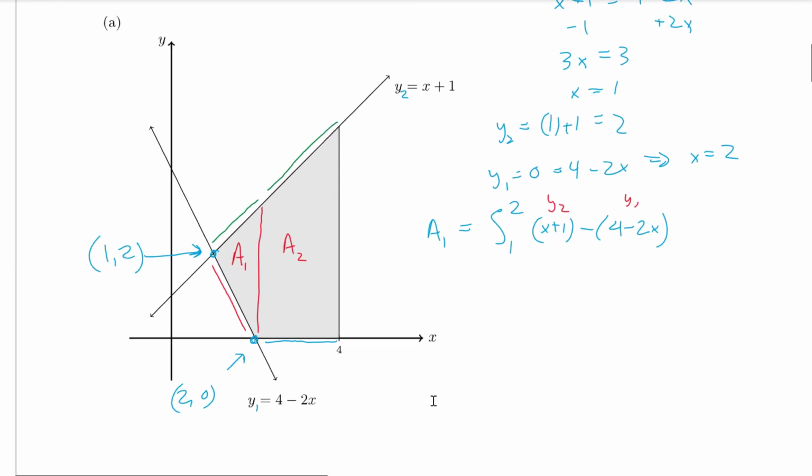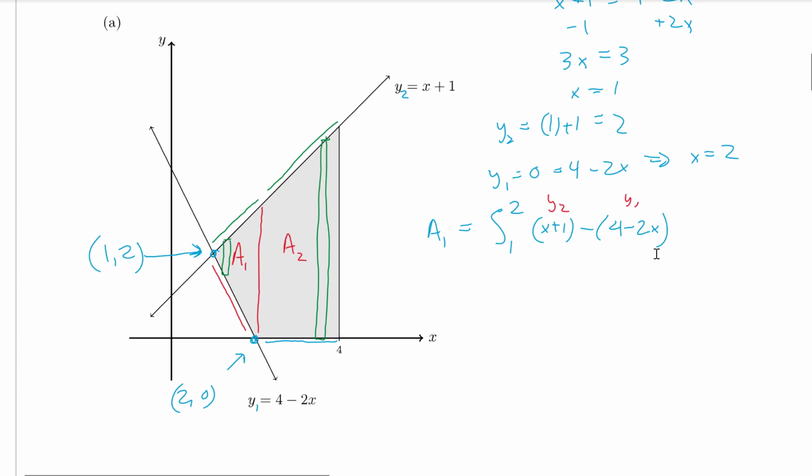Well, let's imagine that we were building little rectangles inside of area 1 and area 2, and we were going to do a Riemann sum to calculate those areas. For area 1, the height of this rectangle is the y value for the top of the rectangle, which is x plus 1, minus the y value for the bottom of the rectangle, which is the y1 value, 4 minus 2x.